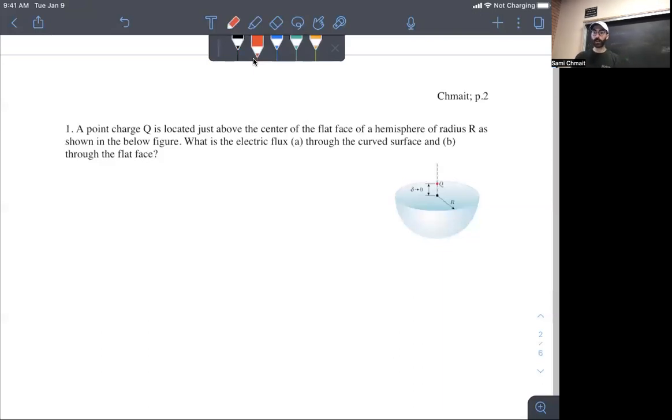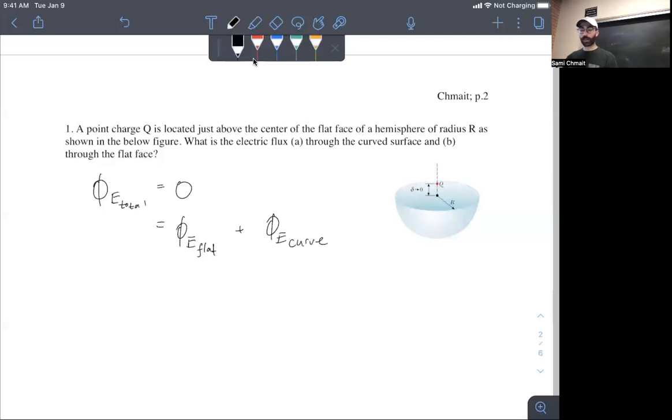Therefore, the total flux is equal to 0. So we're going to say Φ total is equal to 0. We also know that this value is equal to the flux through the flat plus the flux through the curved surface.